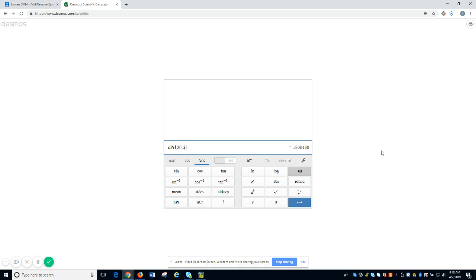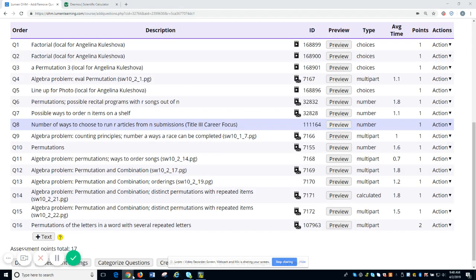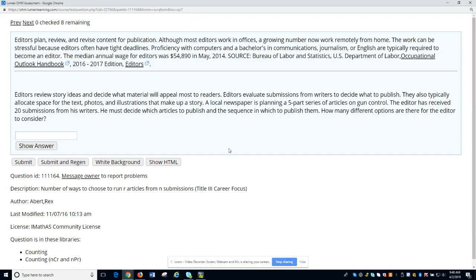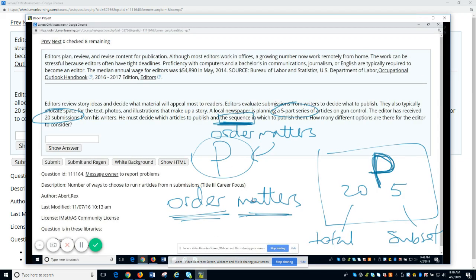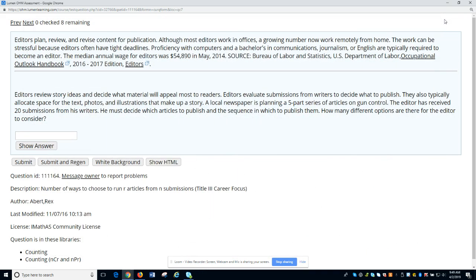All right. Now, if you don't have a calculator, you can get this number manually. And what you have to do is basically think of it in terms of a fundamental counting principle. Okay. So to get this number manually, we would have to say, okay, so we've got a sequence of a 5-part series in the sequence.